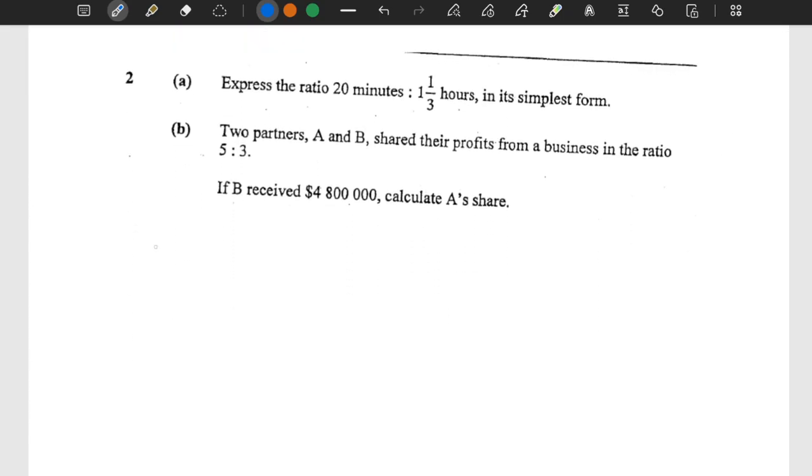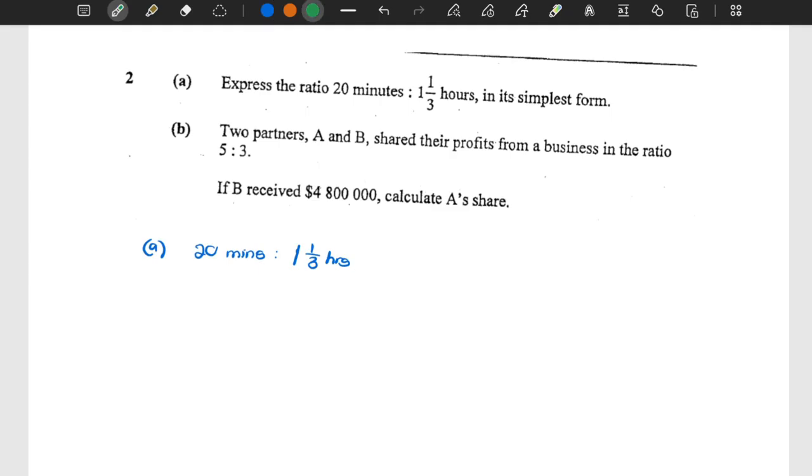Then the next question says, express the ratio 20 minutes is to 1 1/3 hours in simplest form.